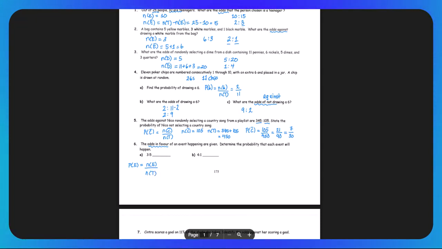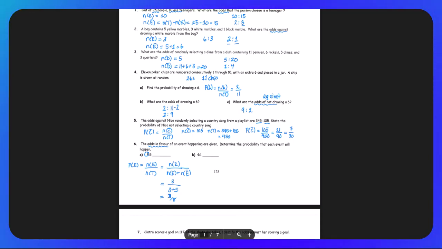But now remember that the number total equals the number of the event plus the number of not the event. So in this case, the number of the event is 3, and the number of not the event is 5. So we're going to say 3 plus 5 on the bottom, or 3 over 8, or 3/8.